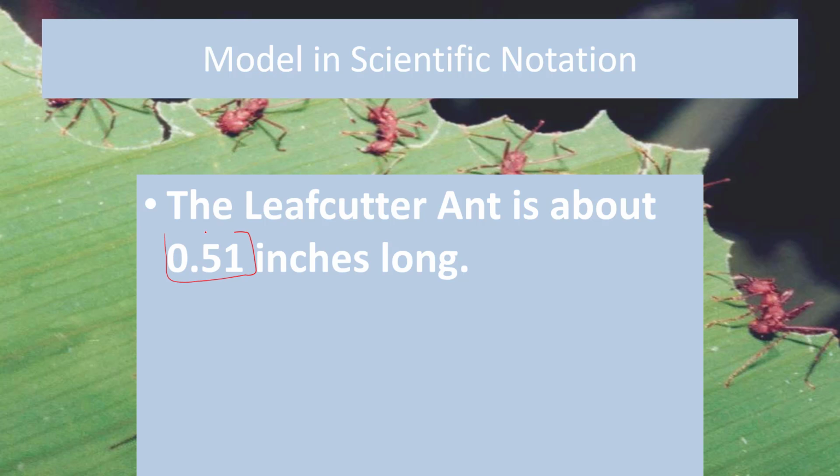So we want to take this number and figure out, well, if I move the decimal over one place, now all of a sudden I have the number 5.1, where my term is greater than or equal to 1, but less than 10.